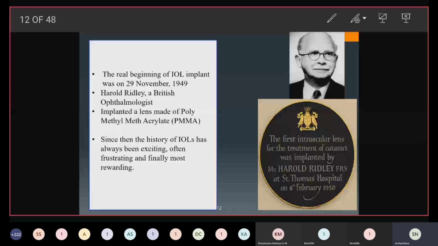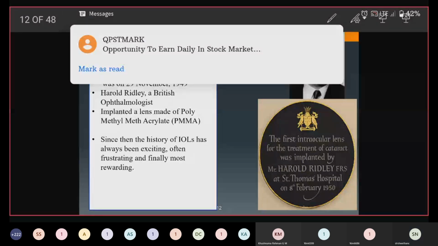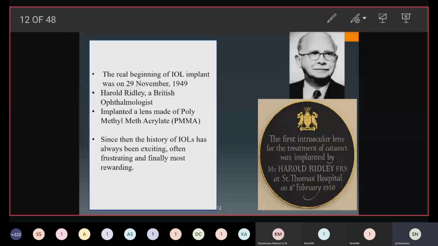On 8th February 1950, he performed the surgery, and he decided that this artificial IOL made of polymethyl methacrylate can stay in the eye, and we don't have to remove the IOL at a later date. So he decided that this can stay in the eye forever. Lot of advancements are happening every day.